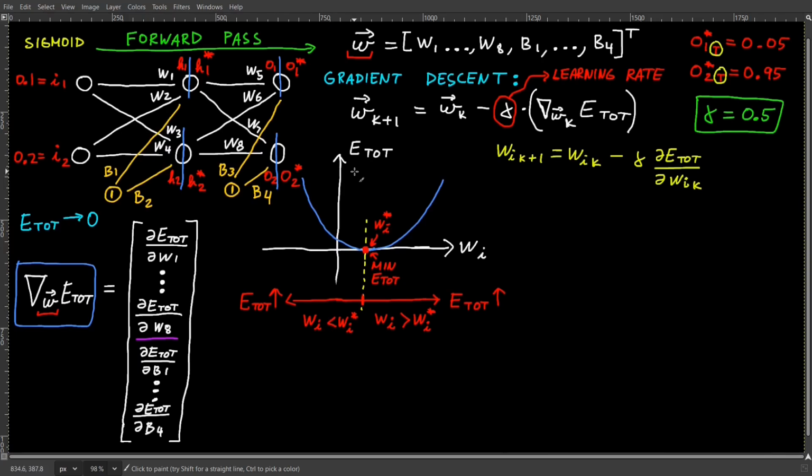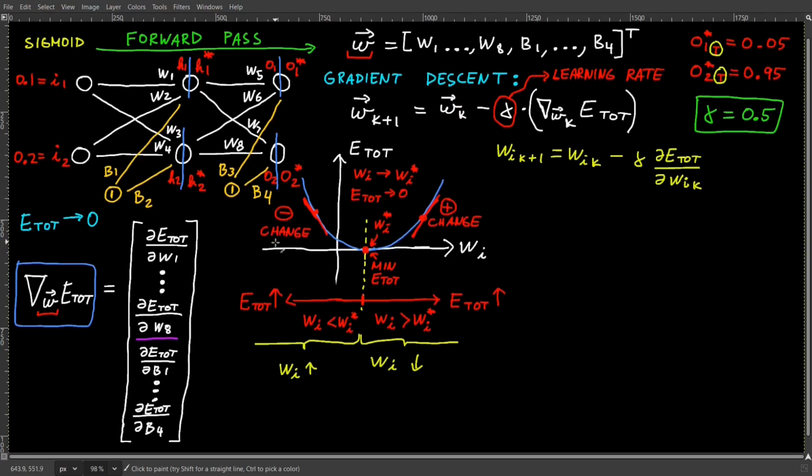Now you of course want wi to converge to wi asterisk, because in that case your total error will converge to 0. It means that if you are on this side, you want wi to decrease, and if you're on this side, you want it to increase. When you take the partial derivative of the error with respect to this weight, then you get the slopes of the function, which represents how the error changes with respect to that weight. Here you have positive change, and here you have negative change.